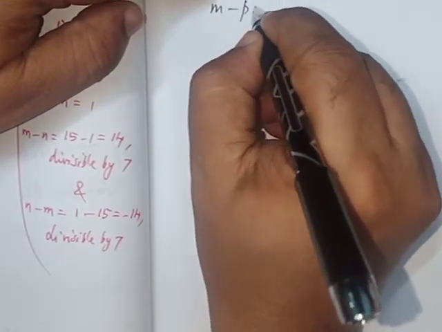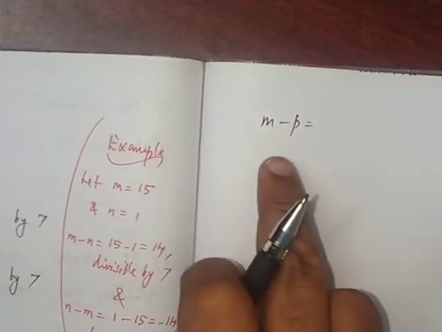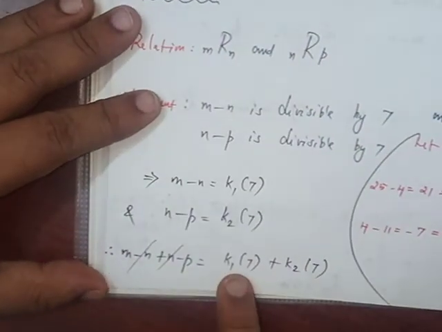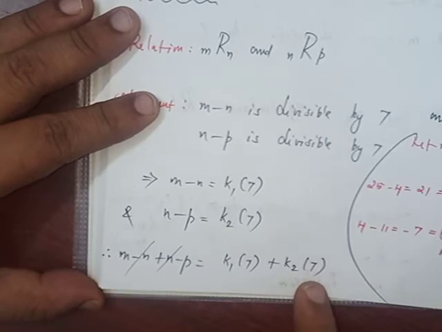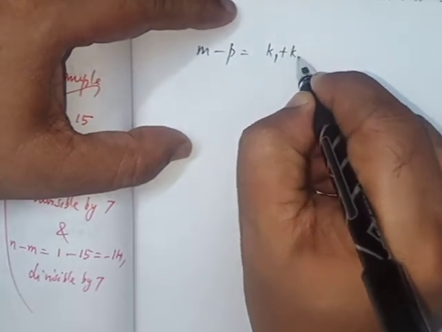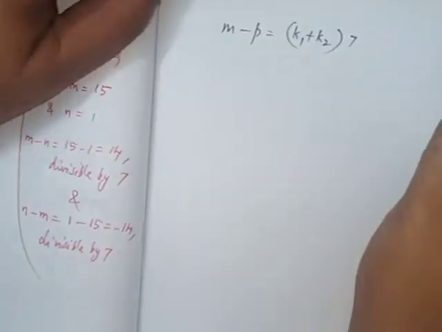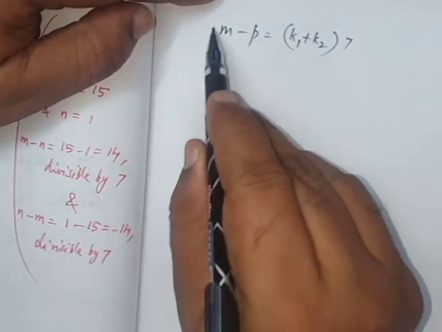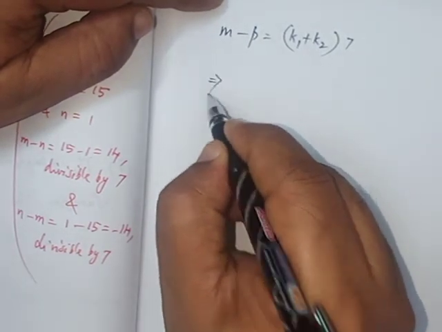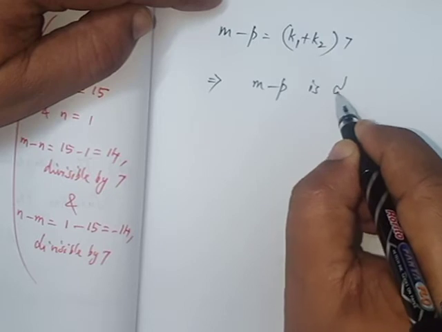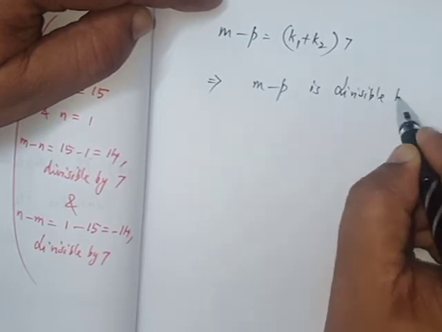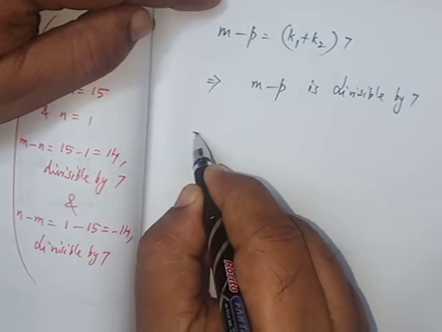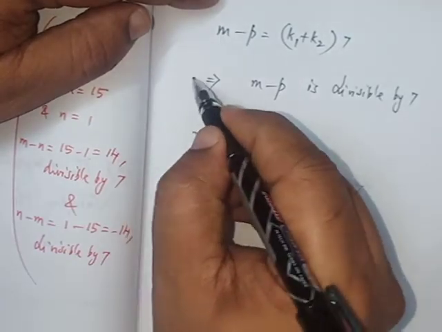m minus p is equal to k1 into 7 plus k2 into 7. You can take 7 as common, and k1 plus k2 will be there. So you can write k1 plus k2 into 7. That means m minus p is equal to some constant times 7, which implies m minus p is divisible by 7.